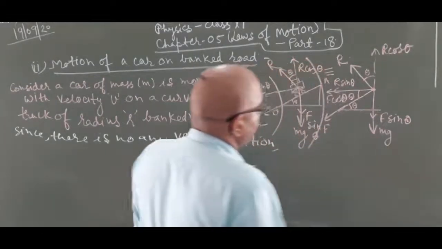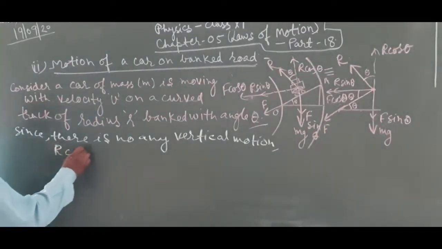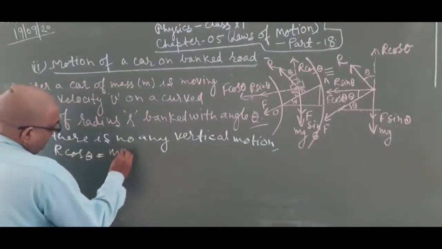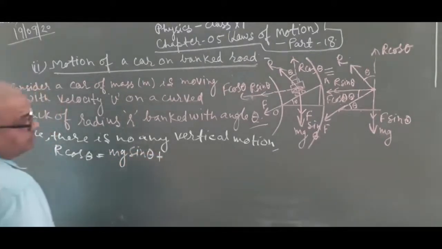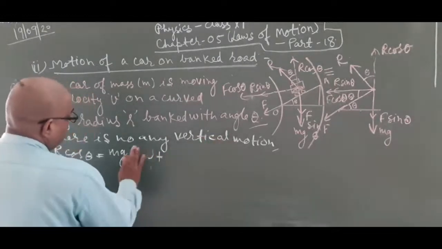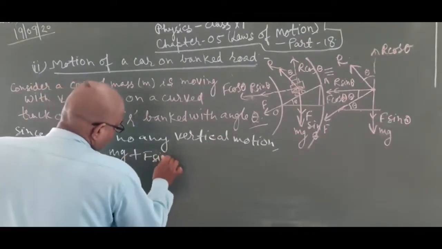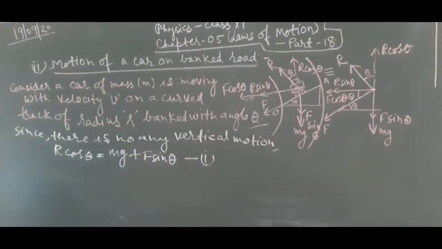R cos theta is equal to F sin theta plus mg. R cos theta is equal to mg plus F sin theta. Suppose this is equation number 1: R cos theta is equal to mg plus F sin theta.